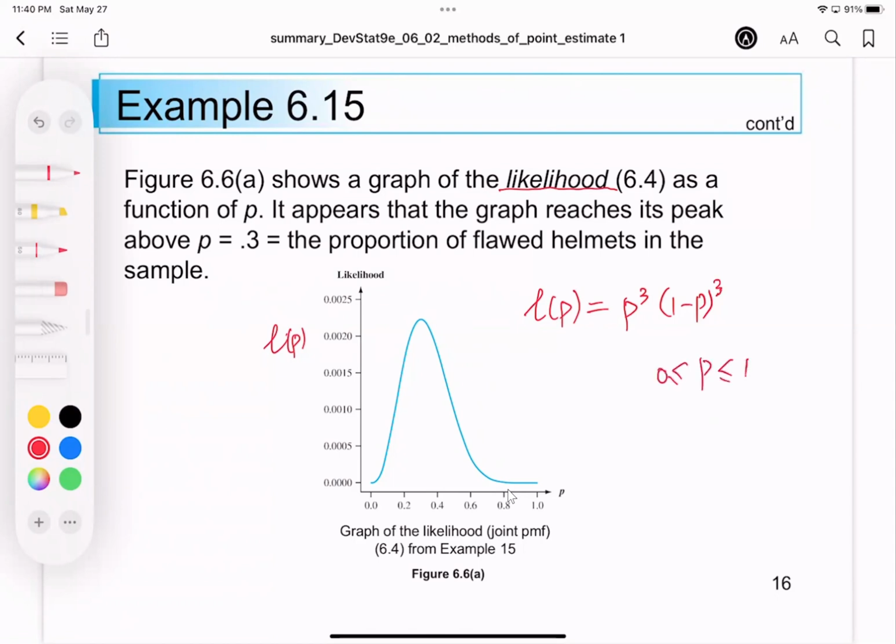And if p is 0, we try to look at what is the value of this function. So p is 0 is basically close to 0. And if p is 0.05, it has a probability. And if p is 0.1, it's another value, and so on. So as we increase the value of p, this picture shows that the probability increases first, and then at some point, it becomes the highest and then starts to reduce.